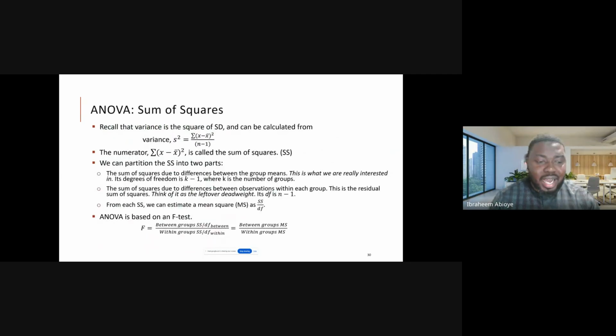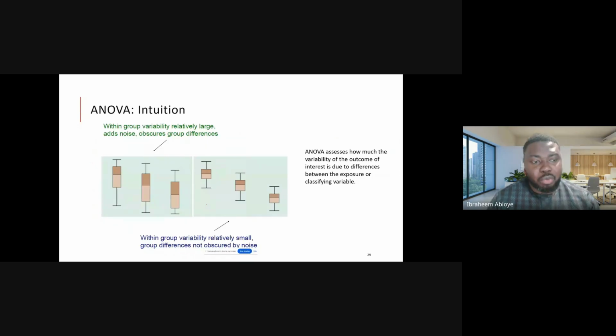And the rest of the slides really just go through the mechanism of calculating. How do you calculate ANOVA, right? How do you calculate the variance of ANOVA? And I'm not going to dwell too much on this area. Basically, what you're doing in ANOVA is that you're looking at how the groups are different from each other, and how each group varies within itself. Okay, let me say that again.